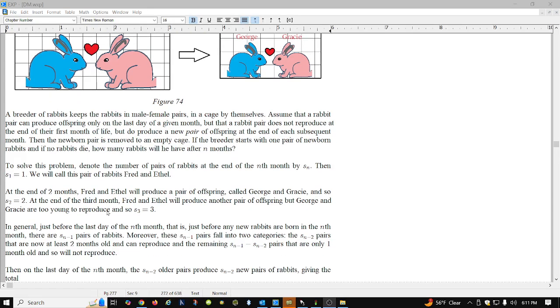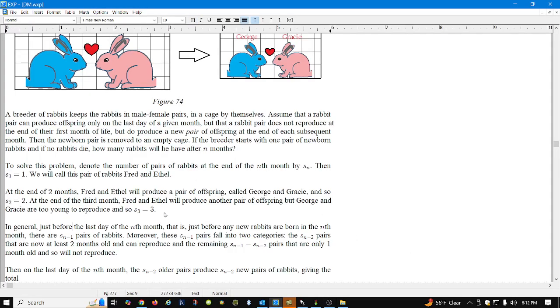At the end of 2 months, Fred and Ethel will produce a pair of offspring, which I will call George and Gracie. And so S2 equals 2. At the end of the 3rd month, Fred and Ethel will produce another pair of offspring, but George and Gracie are too young to reproduce. So S3 is equal to 3.